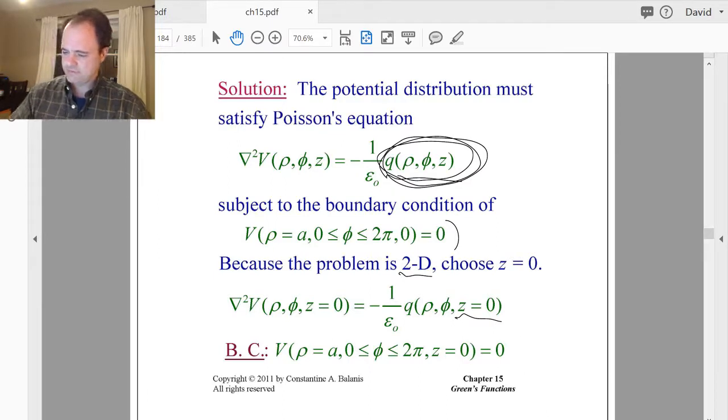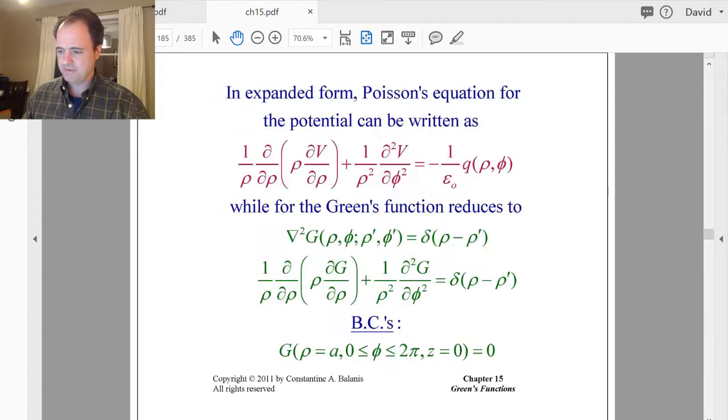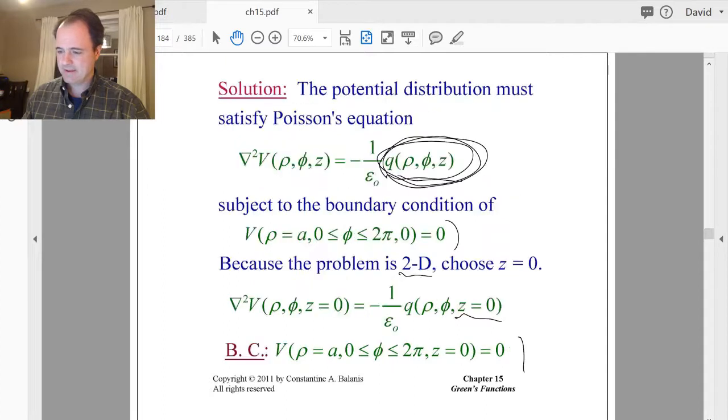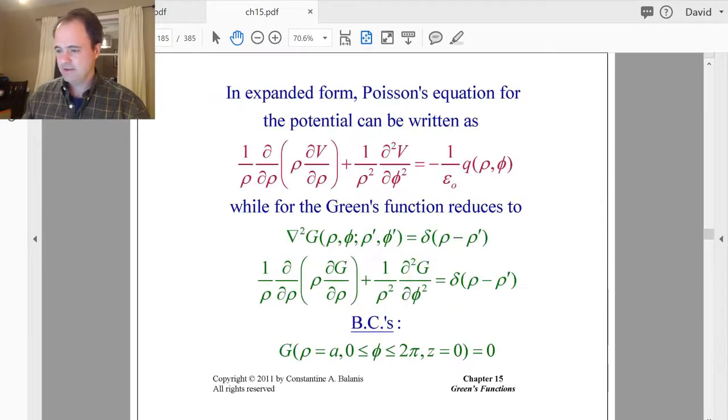We still have this boundary condition, obviously, at any z, but also certainly at z is equal to 0. And it does matter because right here our del squared does not have a d squared over dz squared component on this side.